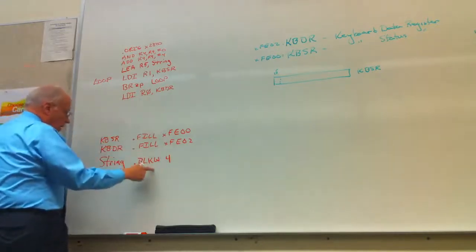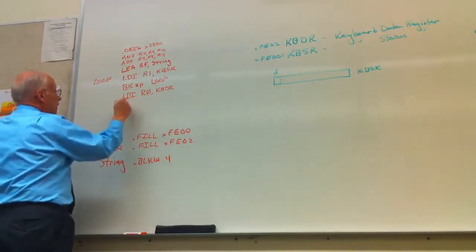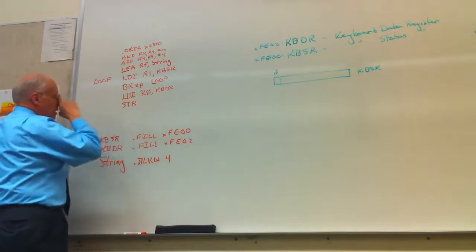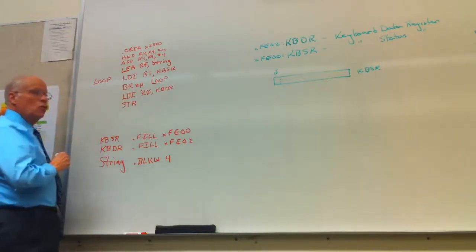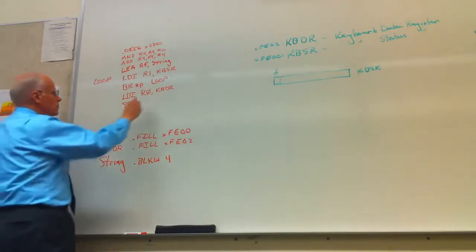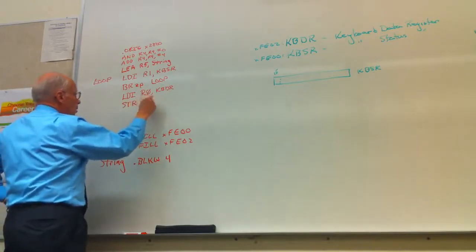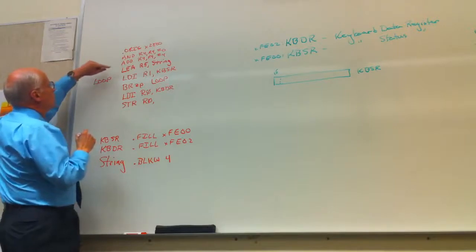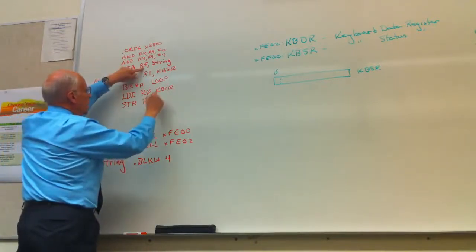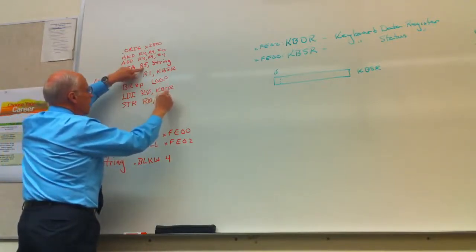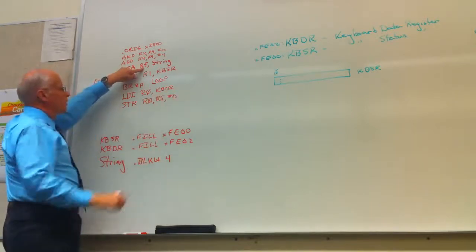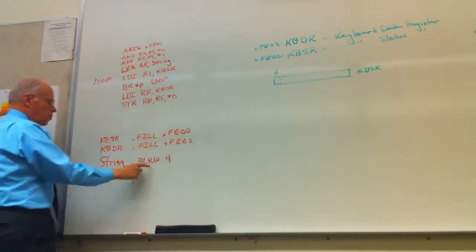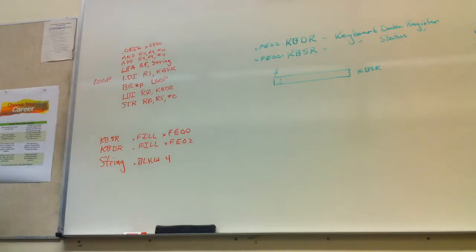I want to store that in my string. So I use this store relative. Where? Well, let's see, register 5 has my address, and I will offset by 0, so that puts me right there.